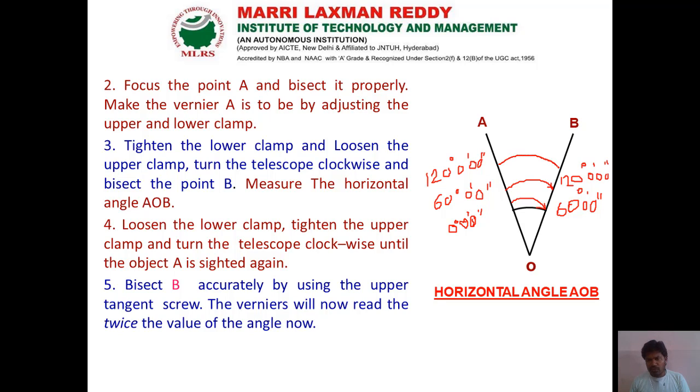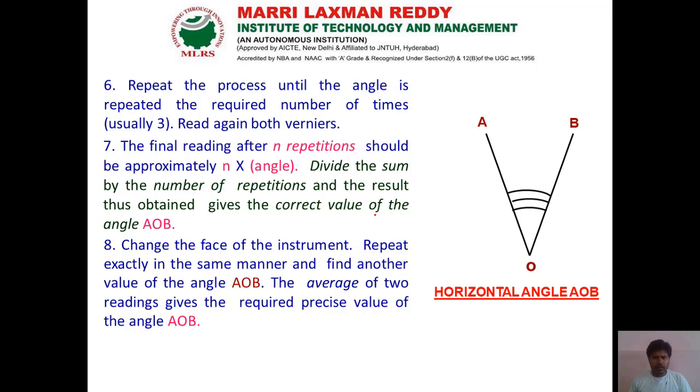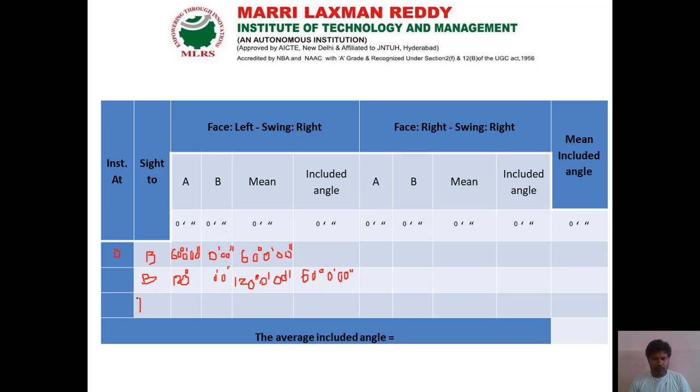Now we focus and bisect the point B and read the vernier scales A and B, so that the reading becomes 180 degree right now.